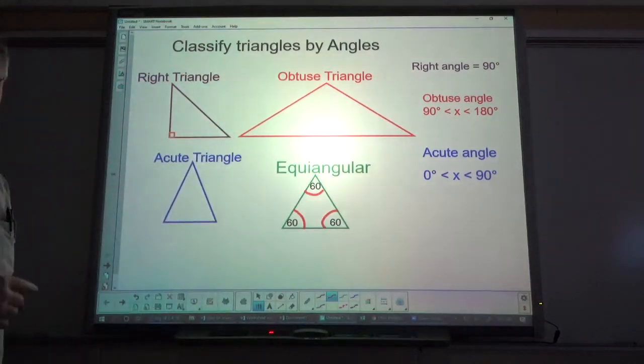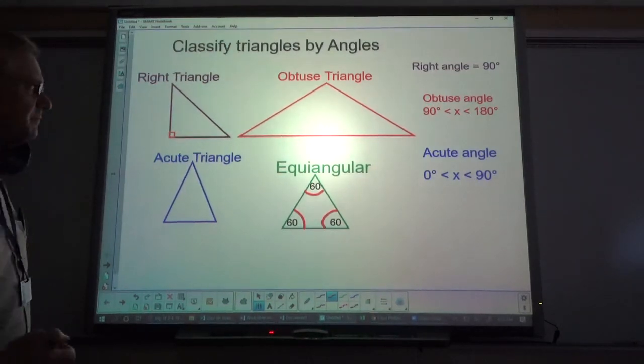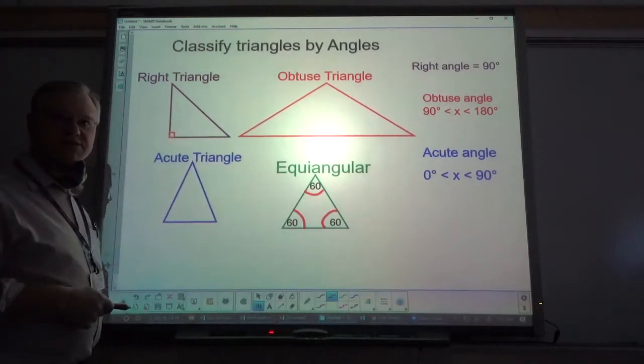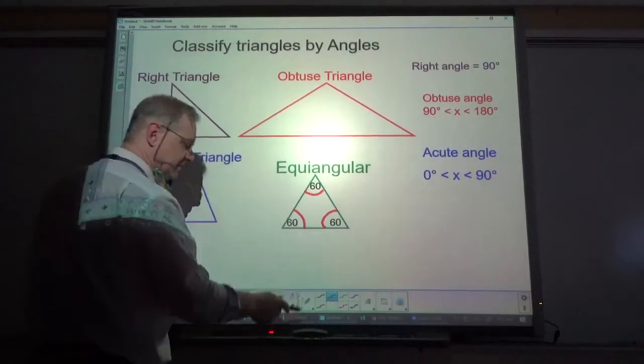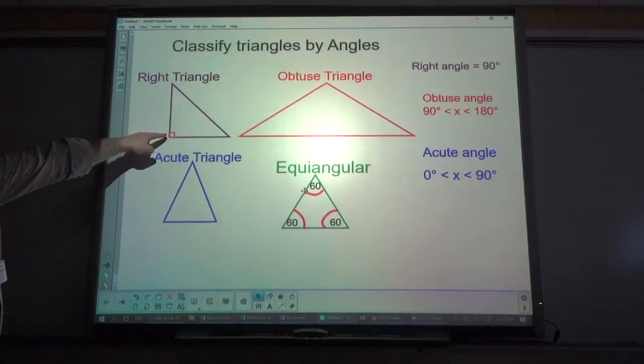When you see that, it means the angles that are marked are all the same size, even if they're not listed that way. All right, so right angle, one right angle.